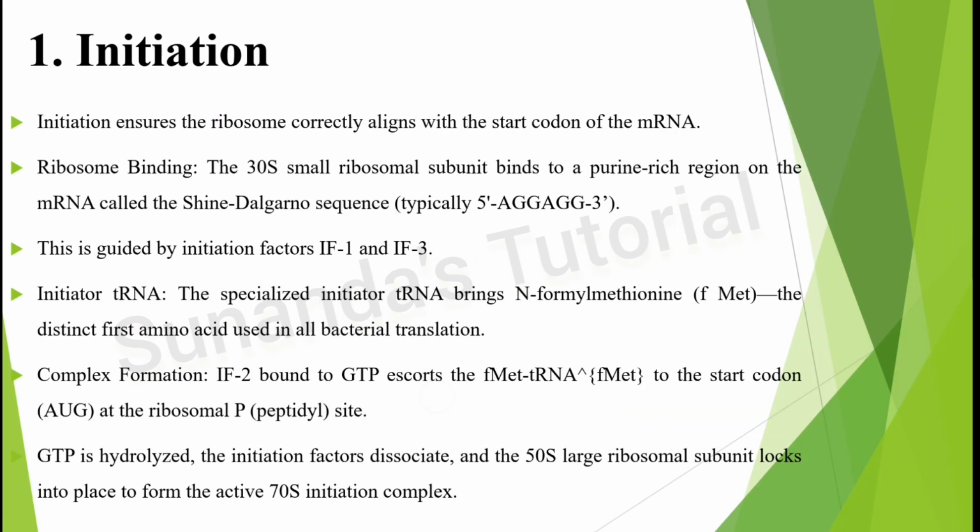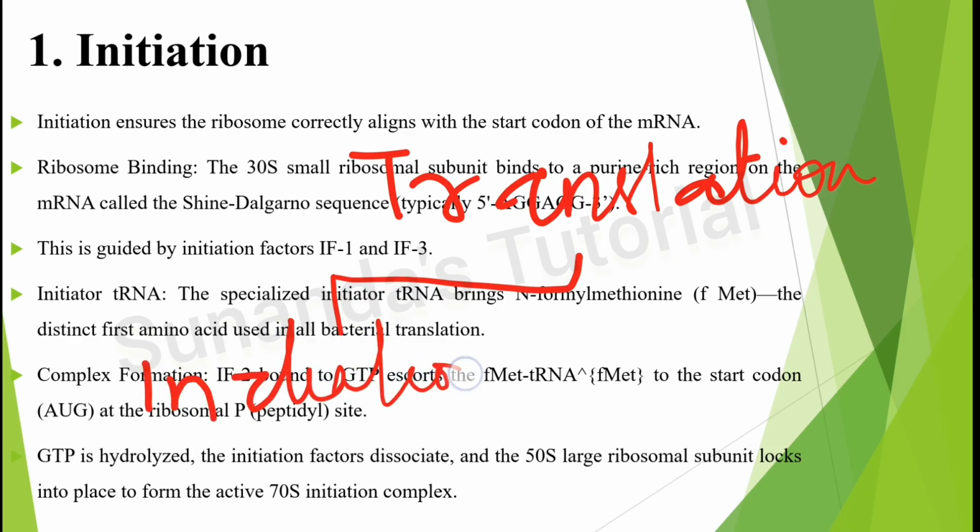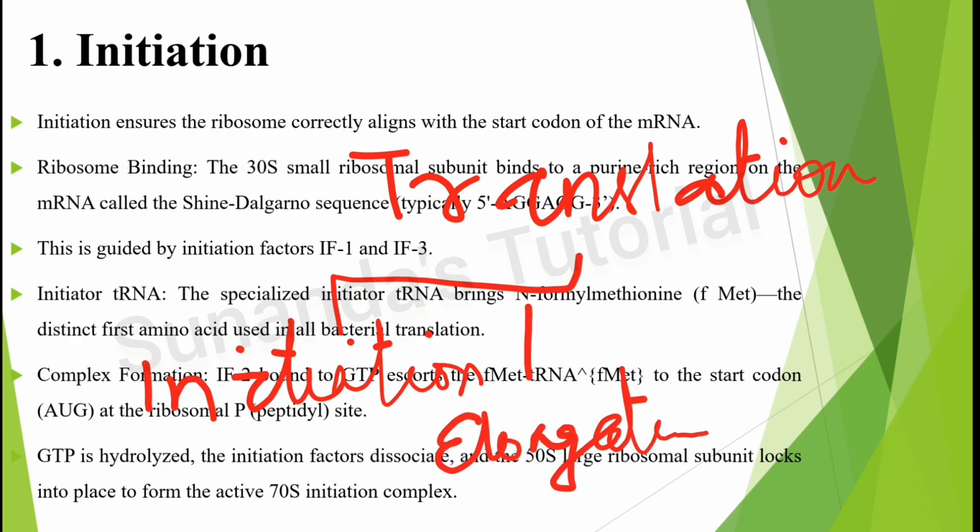Next, the first step, which is initiation. The translation process is divided into 3 phases or 3 stages: initiation, next elongation, and the third one is termination, which is the final one.